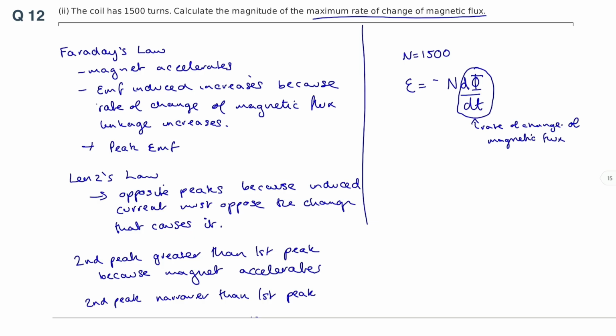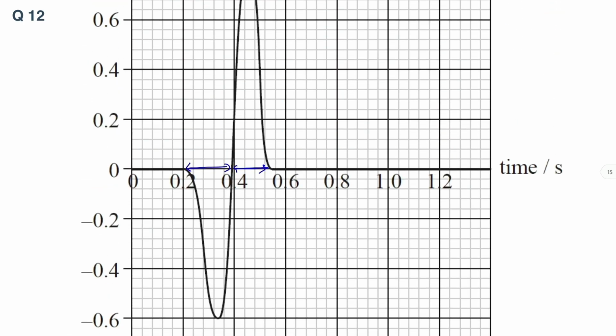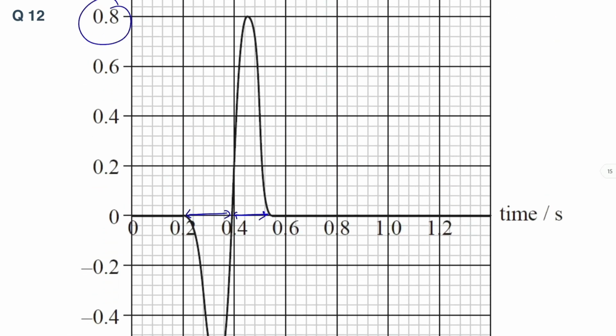Remember that magnetic flux linkage is that, and magnetic flux is just that. So we want to find the rate of change of magnetic flux. We know that the maximum EMF induced, if we look at the graph, is not 0.6, it's 0.8.